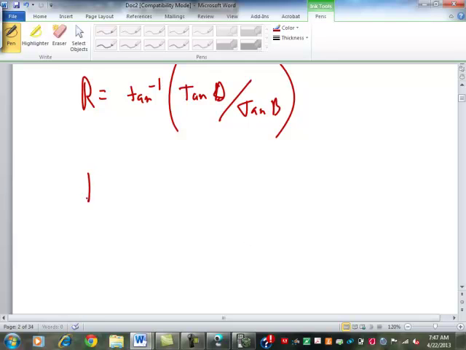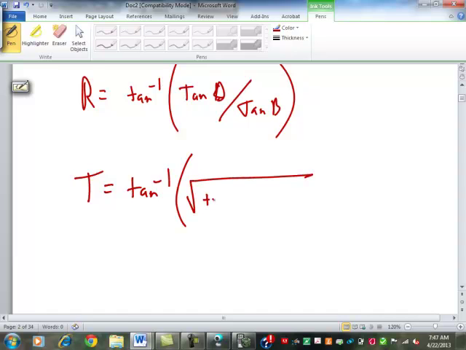T, your angle of tilt, is the inverse tangent of the square root of tangent of angle D squared plus the tangent of angle B squared. That will work out.